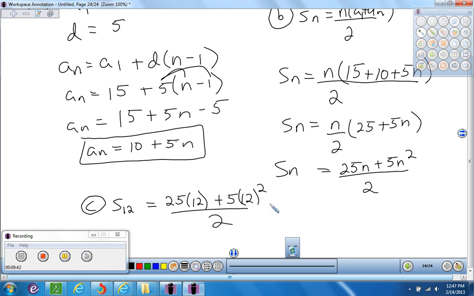Then we plug all this in, and we end up with 360 plus 150, all divided by, no, it's not, we already divided by 2. So we do 360 plus 150 for a total of 510. So after a year, he's made 510 guitars.